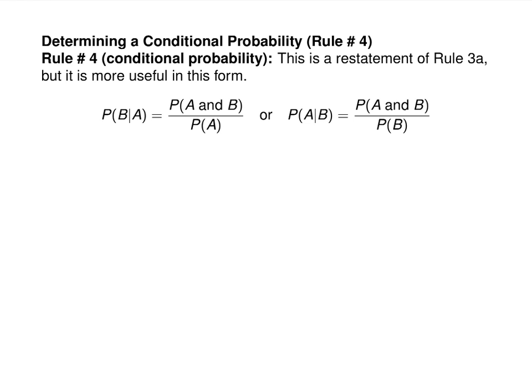All right, now, here is another rule to find those conditional probabilities. The probability of B given A, you can find by doing P of A and B divided by P of A. And notice that when you flip-flop that A and B in the next one, what part of it changes?